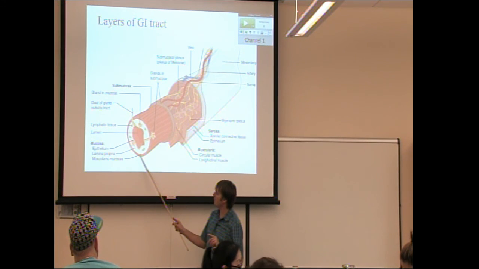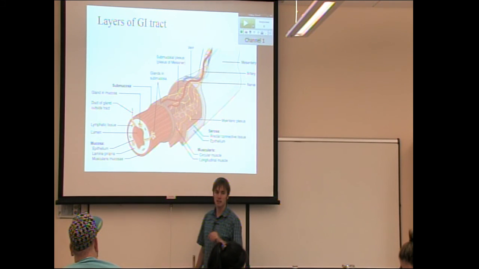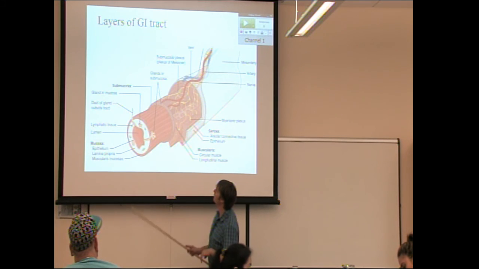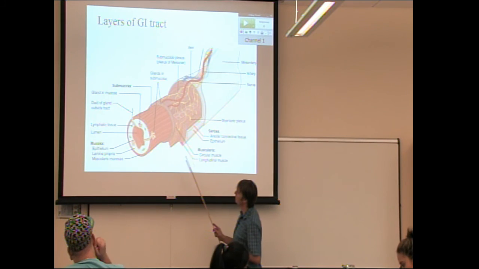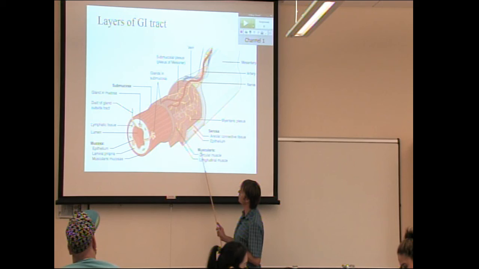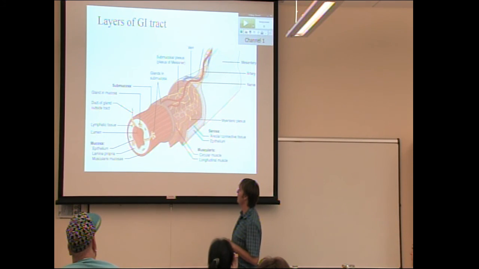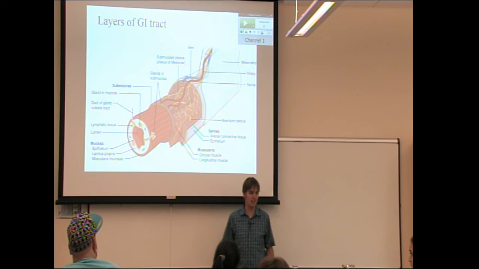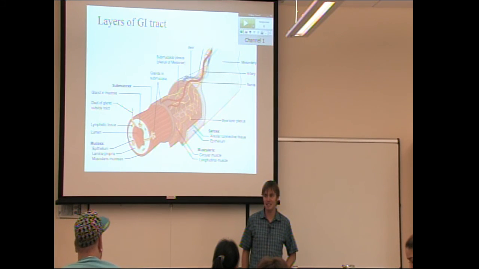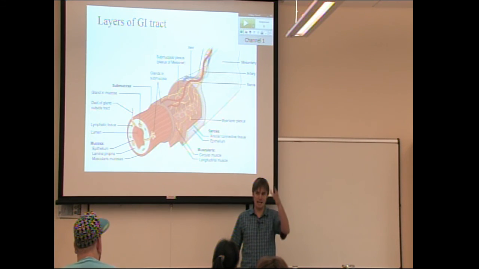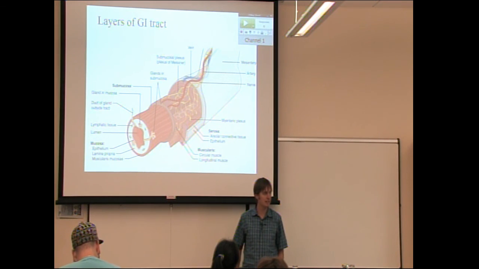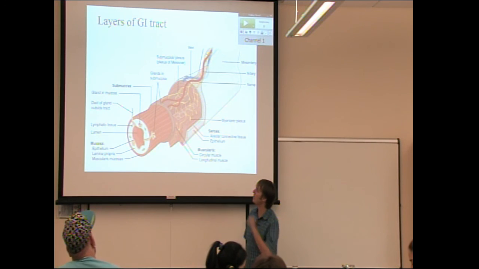Then outside of that, you've got a muscle layer to help contract and push the food down. Any ideas why you have a circular muscle layer and a longitudinal muscle layer? Breaking it down and moving it along. Yeah, one squeezes this way, and then one squeezes down. I think we have a video of that for the esophagus.